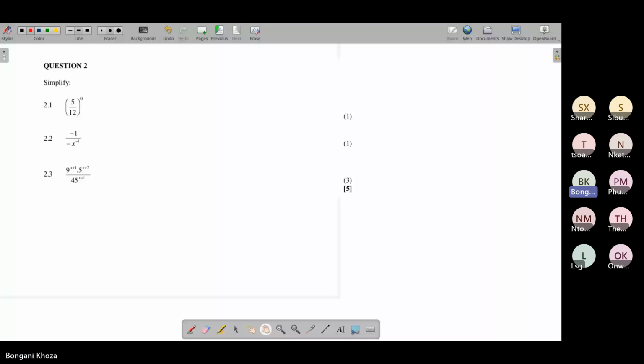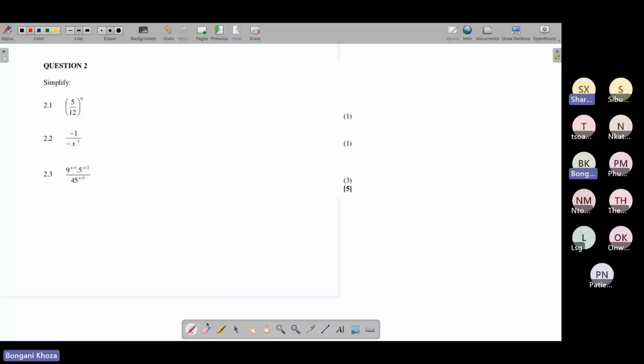Okay, right. So for this one, you have to remember the laws of exponents, whereby when we say that anything raised to exponent 0 is equal to 1. So that means this is just going to be 1, right? Then you look at this one, it's negative 1 over negative x raised to negative 1 like that, right?